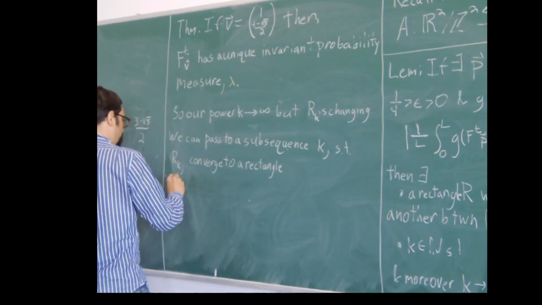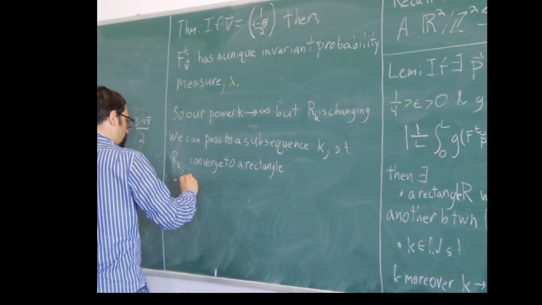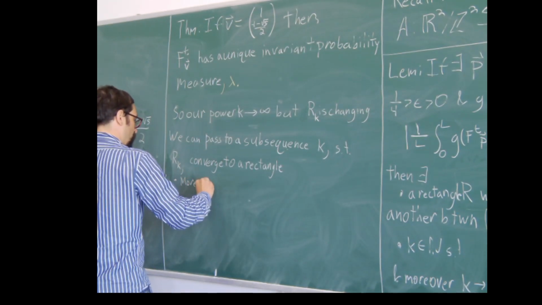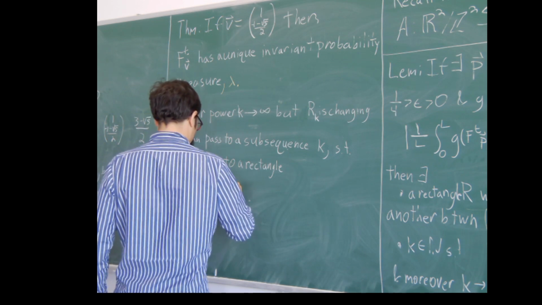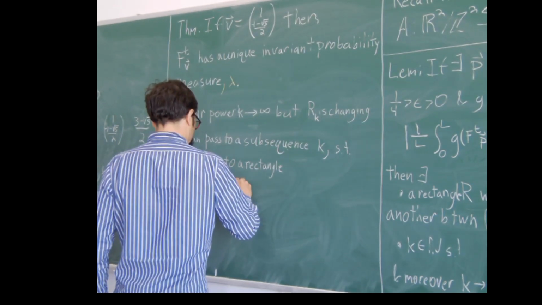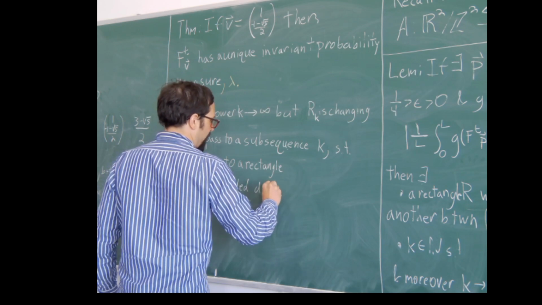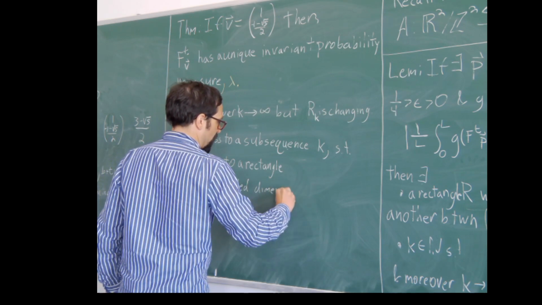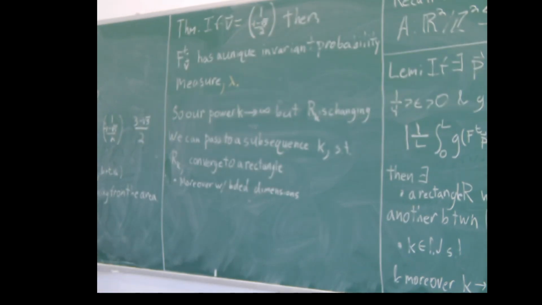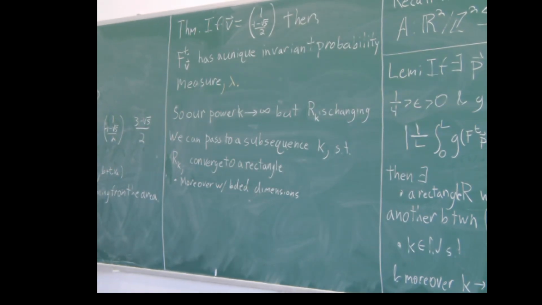Moreover, of positive area, with bounded dimensions. In dimensions, I just mean width and height. That's what I mean by dimensions in this statement. Everybody happy about this? And in particular, they're bounded away from 0 and infinity. Okay?